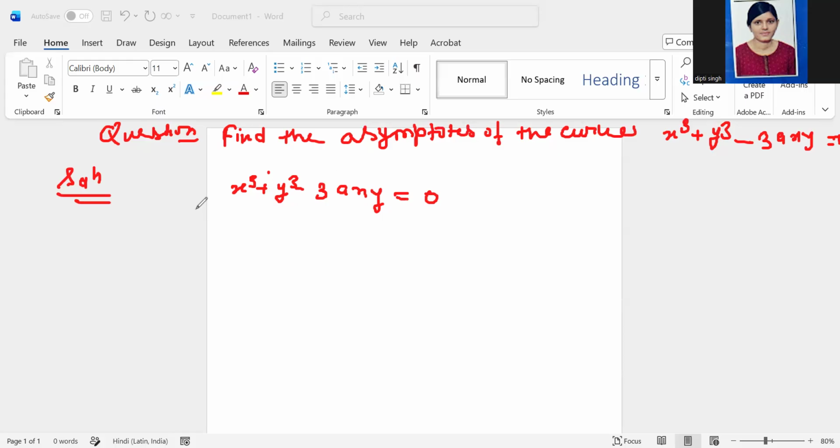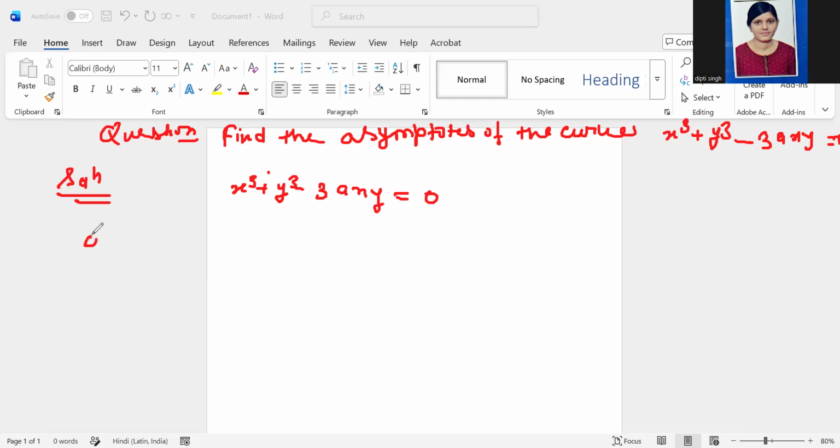So it means asymptotes are not parallel to the coordinate axes. Now since the degree of this curve is 3, it has at most 3 asymptotes. They may be real or imaginary. So let us start.